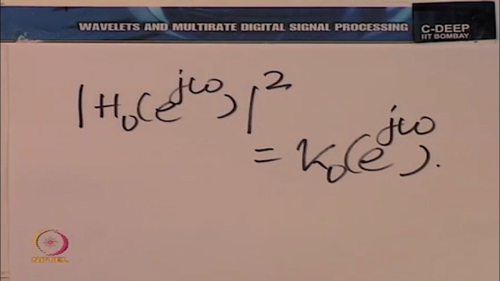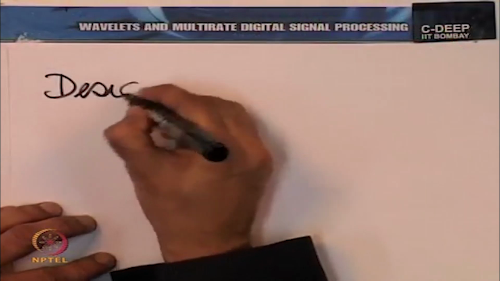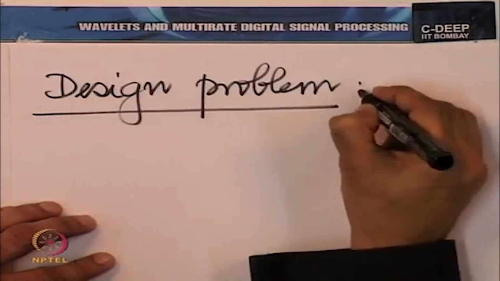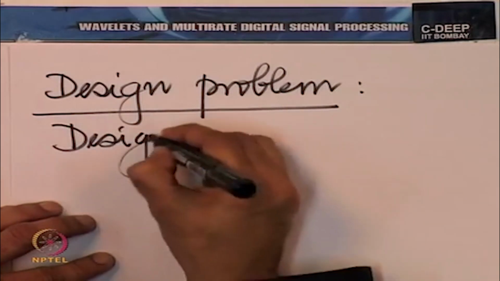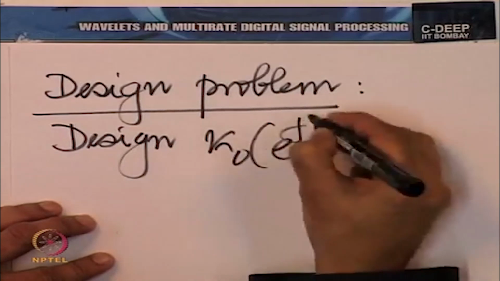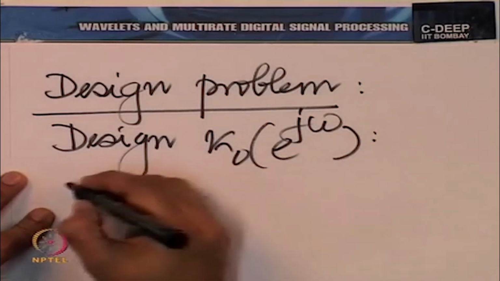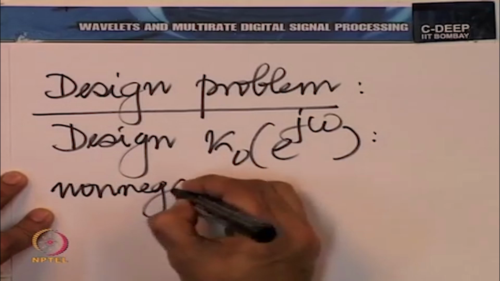So, in other words, now we have a very clear design problem before us. Designing a conjugate quadrature filter bank is equivalent to designing essentially one filter, kappa0(e^{j omega}). So, the design problem is: design kappa0(e^{j omega}). And if you look at kappa0(e^{j omega}), it is a non-negative frequency response, as you can see.